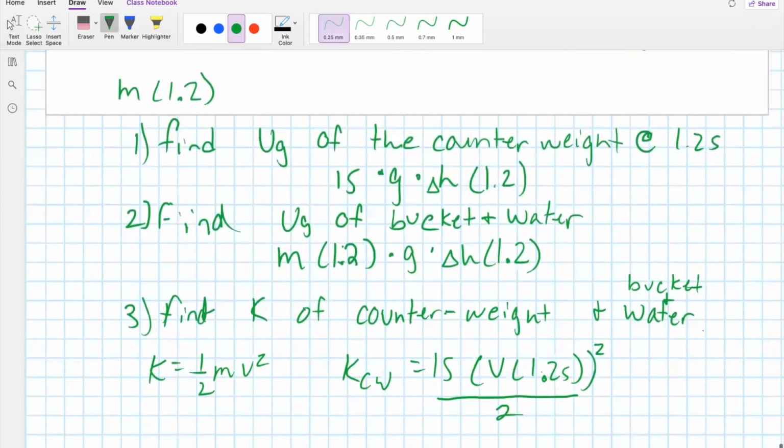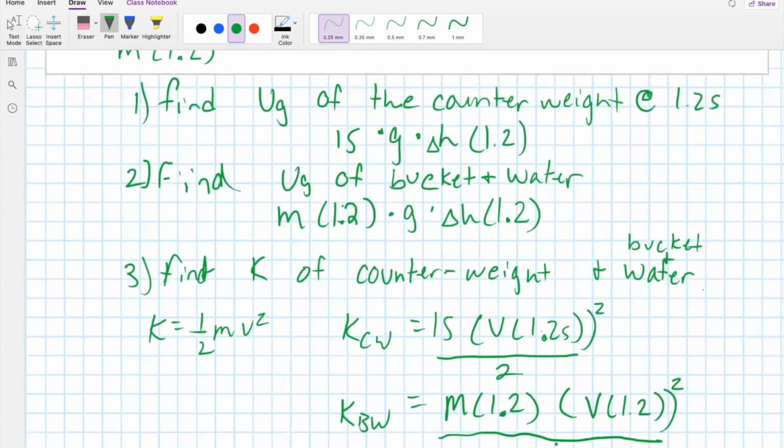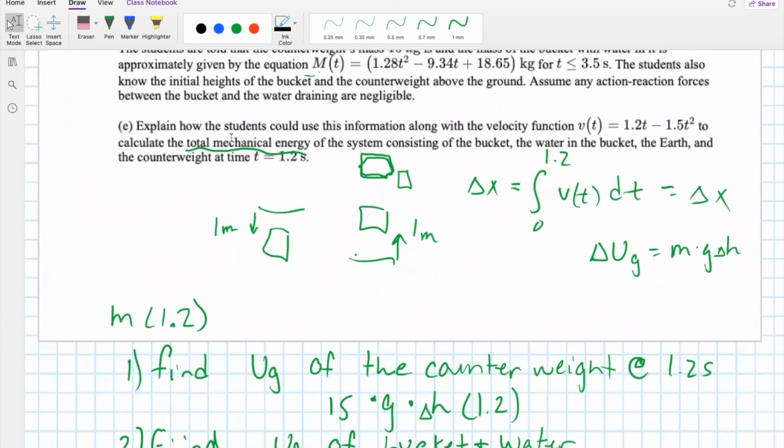And the kinetic energy of the bucket and water is going to be the mass at 1.2 seconds times the velocity at 1.2 seconds quantity squared, all over 2. So all we have to do is calculate all these quantities, and then we have our answer for the total mechanical energy. Because again, the total mechanical energy is the sum of kinetic and potential. So that would be the way. We just have to explain how to do it. We don't actually have to do it.